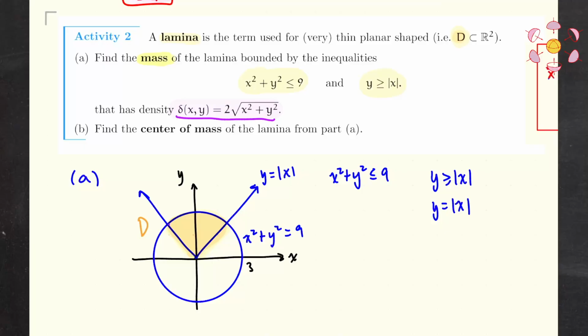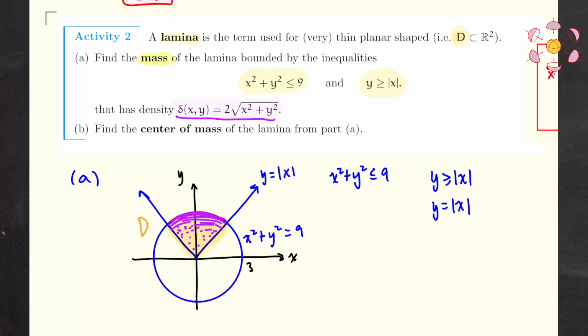Imagine these really thick lines mean that the density is very, very strong the further away from the origin that we get. And then of course, it gets way lighter as we go towards the origin. I don't know how to represent this well, but basically it gets thicker and thicker towards the outside. So it's heavier on the outside, lighter towards the origin.